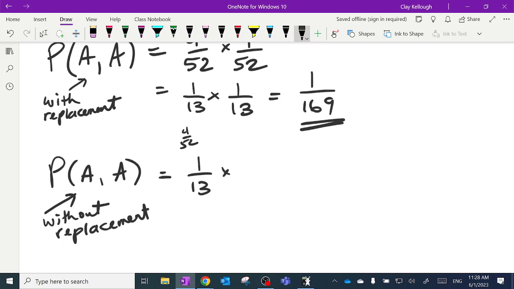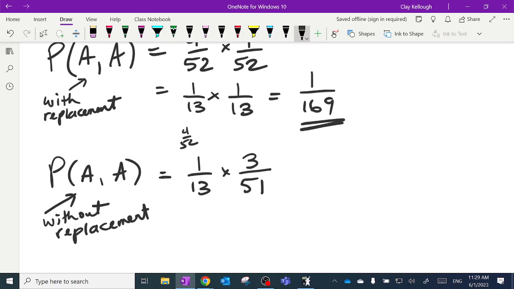What's the chance that the next one's an ace? Any idea? Think about it. Are there 4 aces left after the first one's been pulled out? No. It's 3 out of 51. Very good.